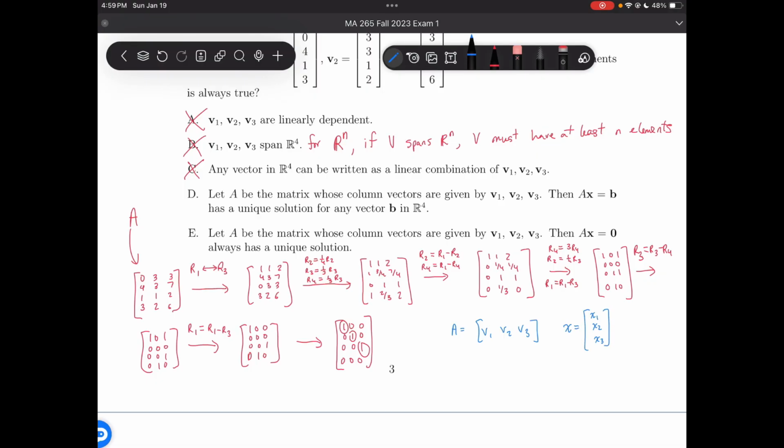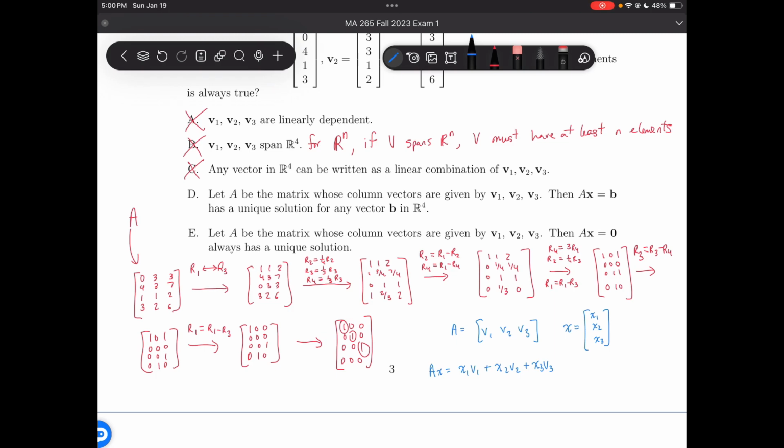So if I multiply A times x, I essentially get x1 v1 plus x2 v2 plus x3 v3, and x1, x2, and x3 are all scalars. So essentially, Ax is a linear combination of v1, v2, and v3.